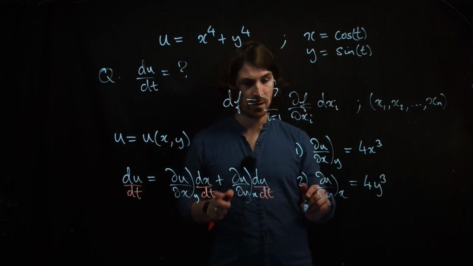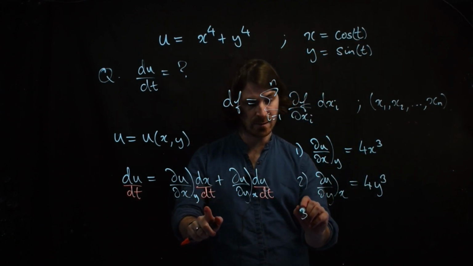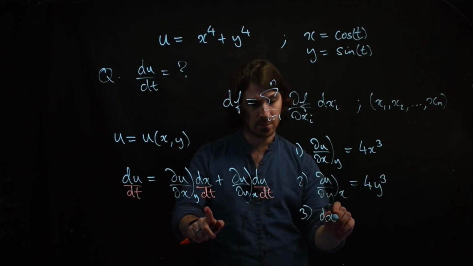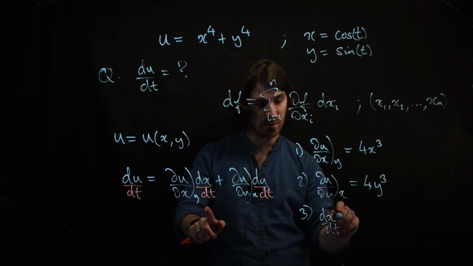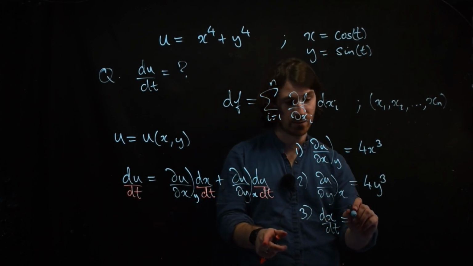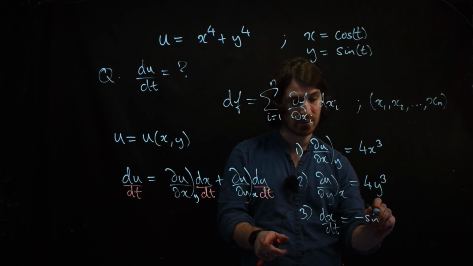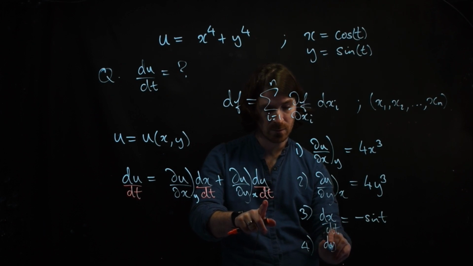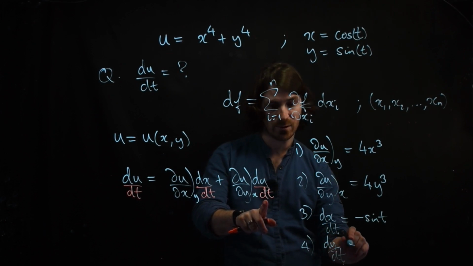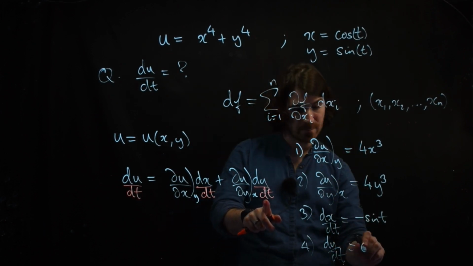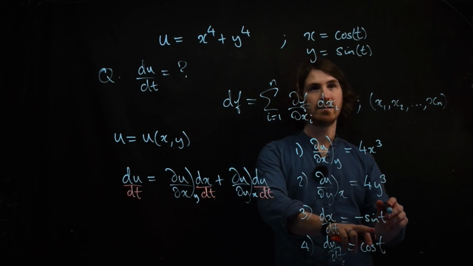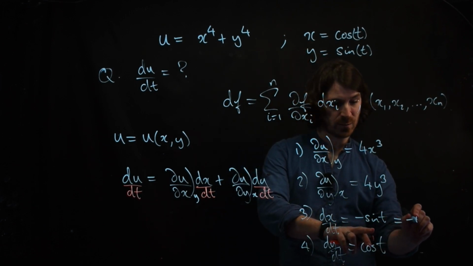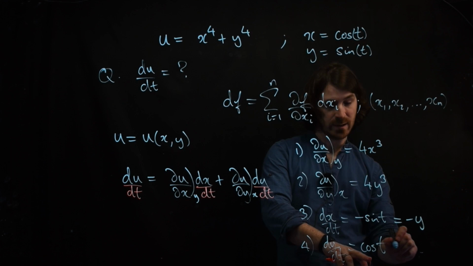We also need dx by dt: we know x is cosine t, so dx by dt is minus sine t. And dy by dt is just cosine t. Minus sine t is equal to minus y, and cosine t is equal to x.